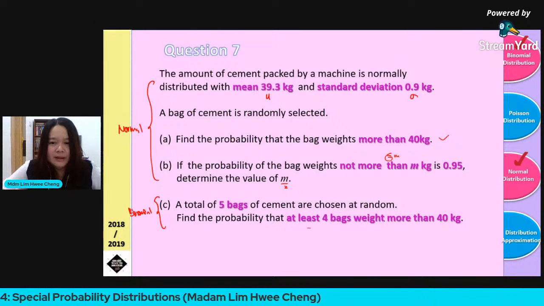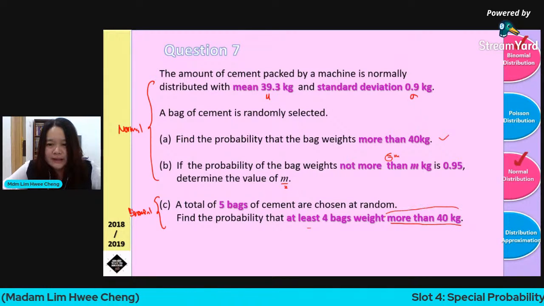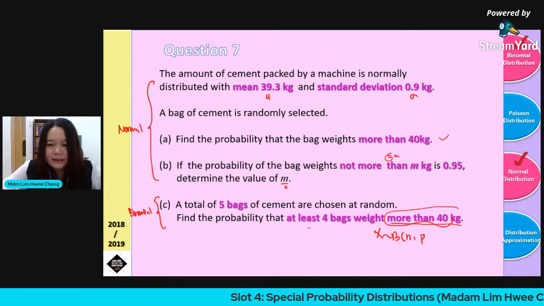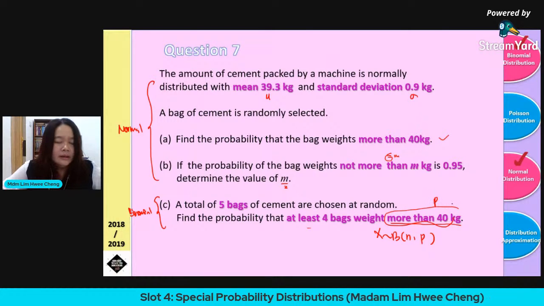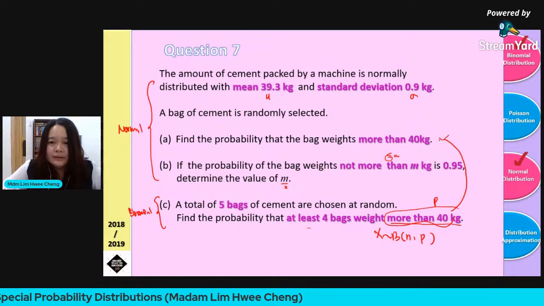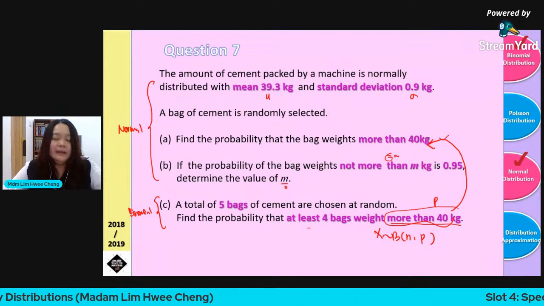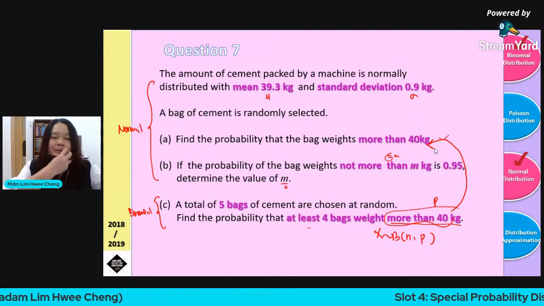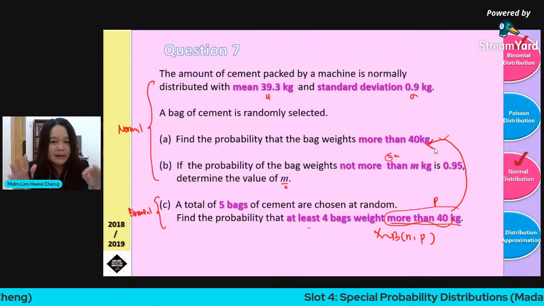Find at least 4 bags with more than 40 kg. So you will notice that if we use binomial, we need n and p. The p we can basically get from part A. So in the exam, you have to be good at adapting.